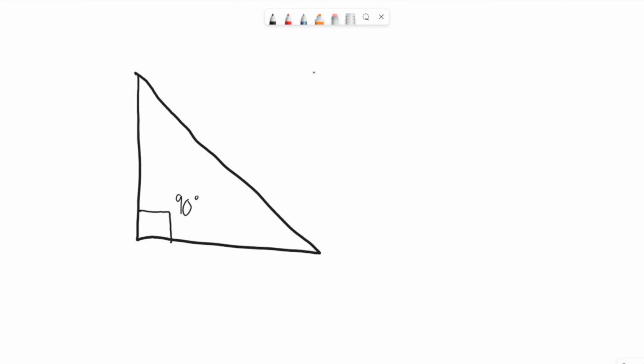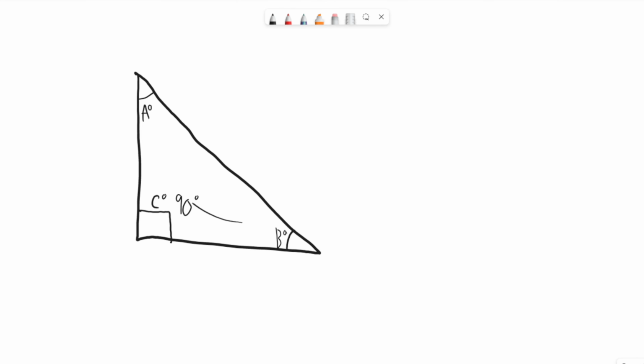This angle is usually labeled as a capital C. And for these other ones, it doesn't entirely matter how you label them, but one of them is going to be A, one of them is going to be B. But depending on which one you name B and which one you name A, you need to name the side lengths of the triangle respectively to those names.